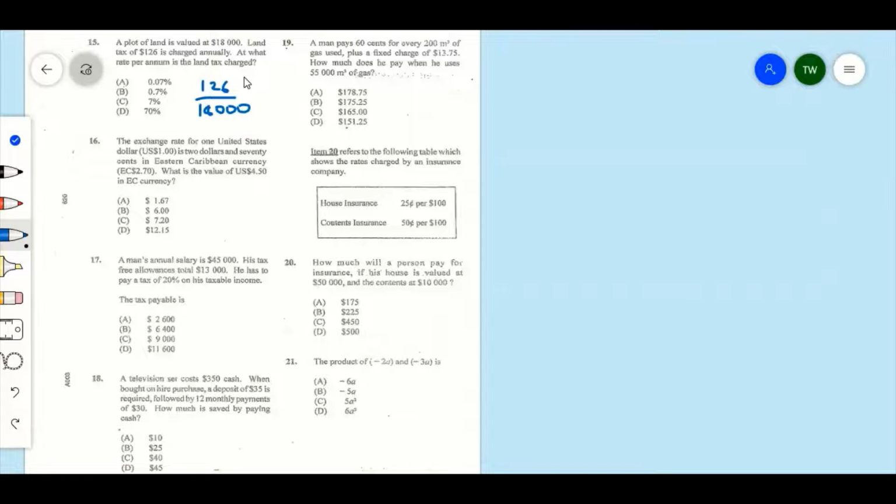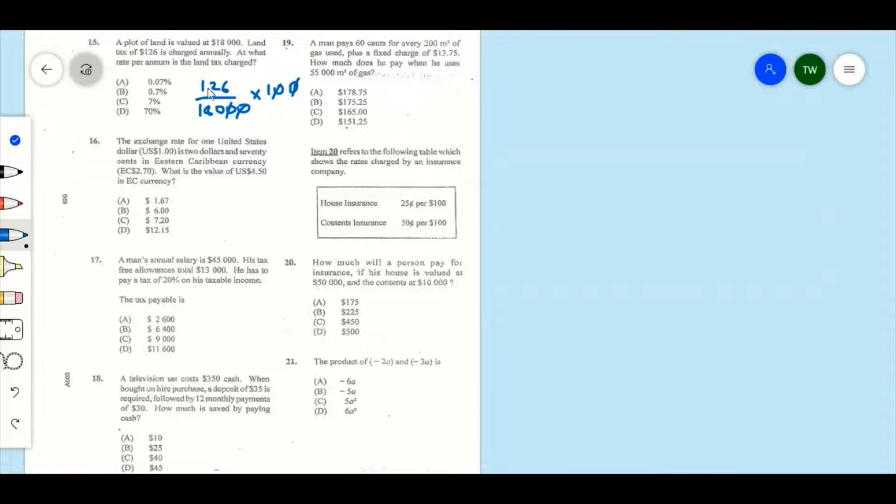And we need the rate per annum, so we want it as a percentage, so we're going to multiply by 100% here. Now clearly we can see that 0 will cancel out 0, 0 will cancel out 0, and we're asked to reduce this.